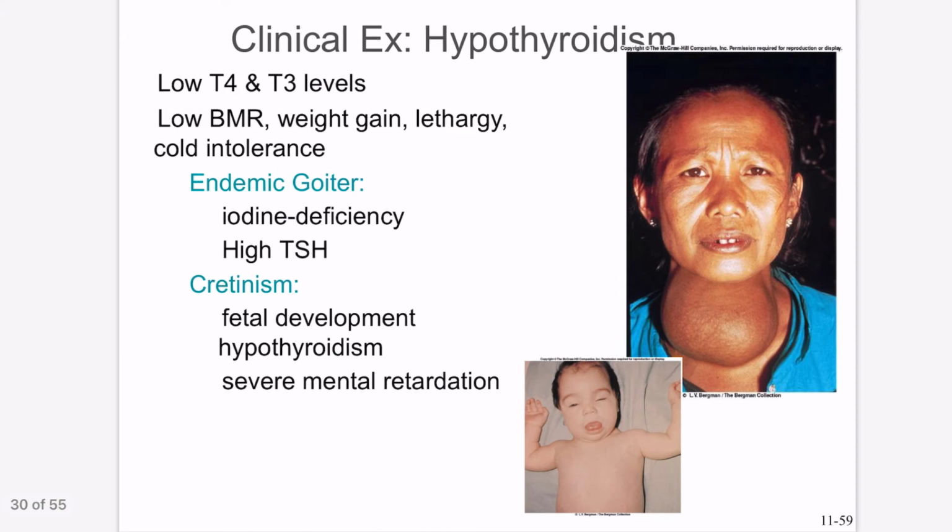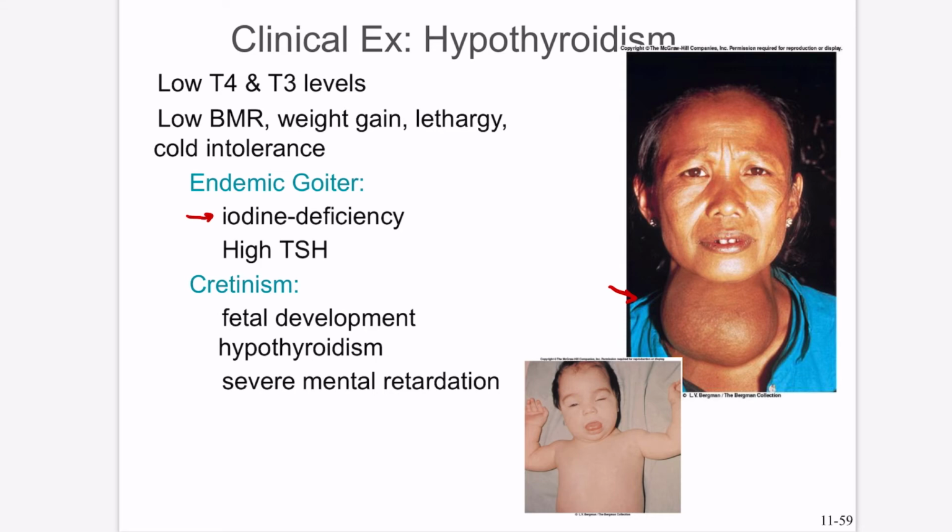Some clinical disorders of the thyroid hormones, maybe you've heard of goiters, which is shown in this image right here. A goiter is when an individual has low T3, T4 because of iodine deficiency.